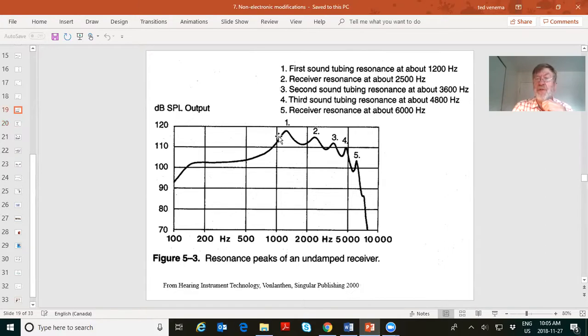That's why when you look at the frequency response of a hearing aid, and you'll learn more about this next year as you get into the program more, you'll do a test called ANSI testing, ANSI, American National Standards Institute, which applies to everything, light bulbs, toasters, anything that works with electricity.